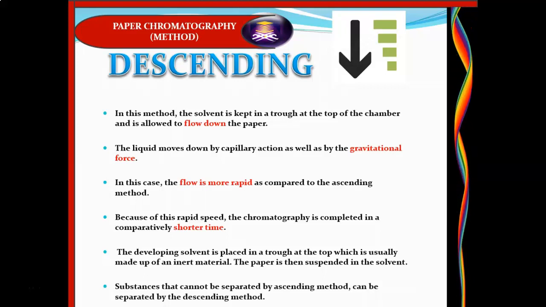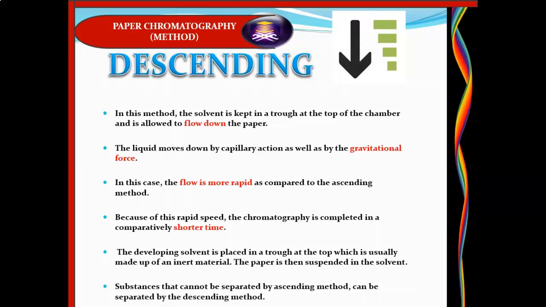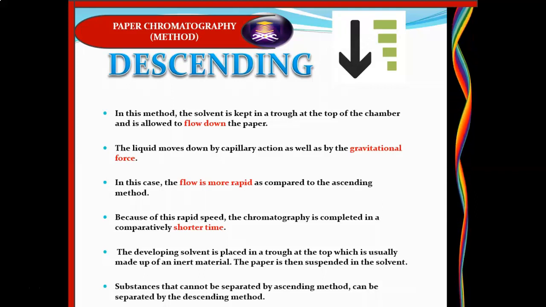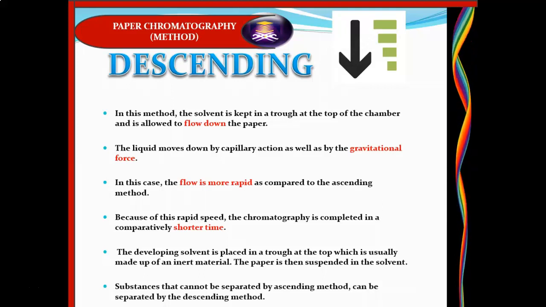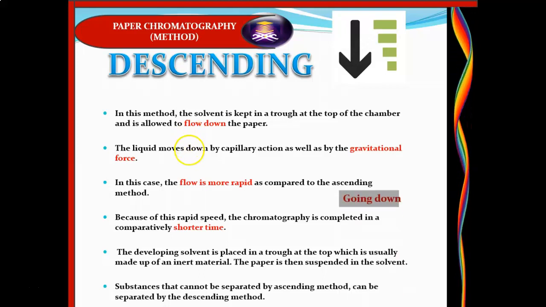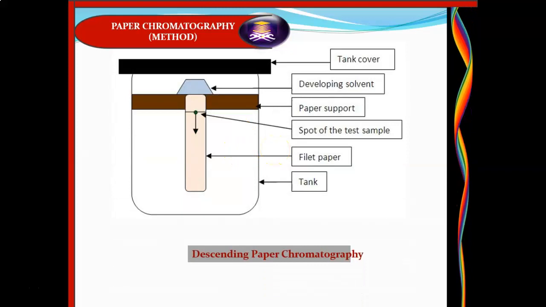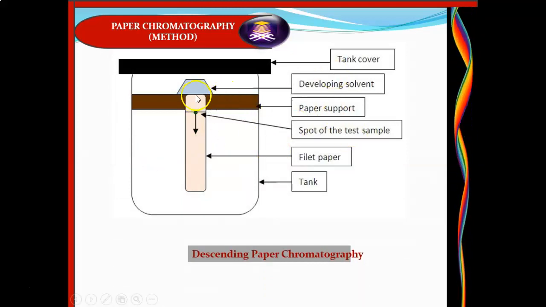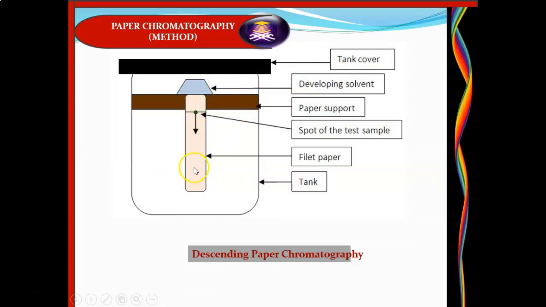Because of this rapid speed, the chromatography is complete in a comparatively shorter time, right? Okay, this one is the descending paper chromatography. We can see that the solvent is placed on the top, right? So the speed is fast.